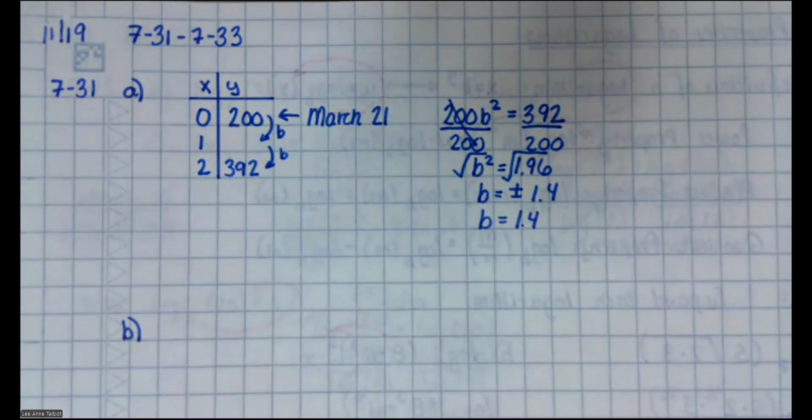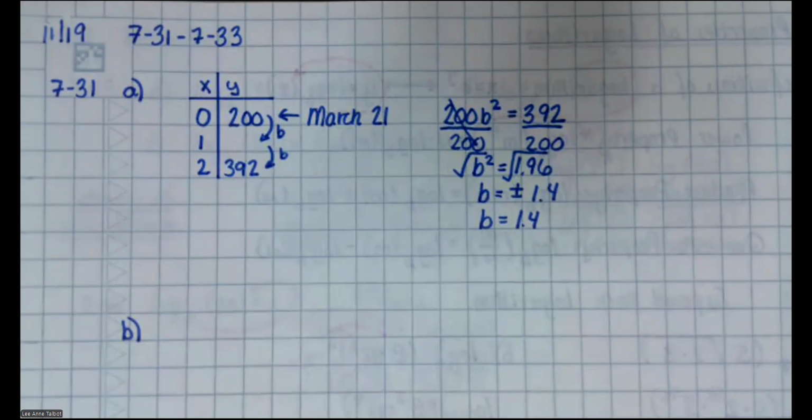Okay, now technically, because we're doing a mathematical model, we're supposed to consider the fact that it would be plus or minus 1.4, but in this particular context of a woman's hormone levels going up, it's not going to go negative in the middle and then positive again. So I just said we're going to ignore the negative part because it's a word problem, and so just 1.4 positive.